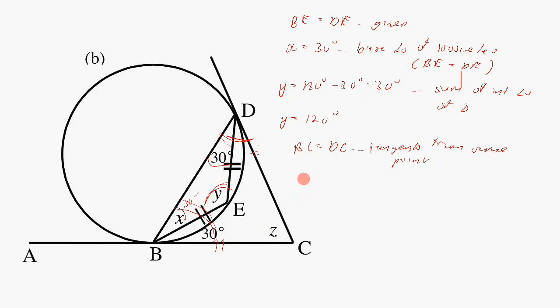So let's start off by saying angle DBC is equal to angle BDC. And then we say these are base angles of isosceles, right? And then we know that they are equal to 60.